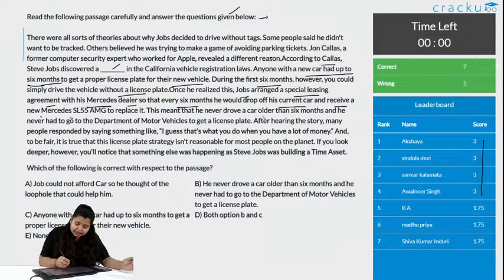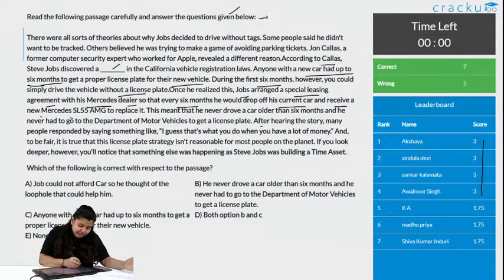This meant that he never drove a car older than 6 months and he never had to go to the Department of Motor Vehicle to get a license plate. After hearing the story, many people responded by saying something like, I guess that's what you do when you have lots of money.